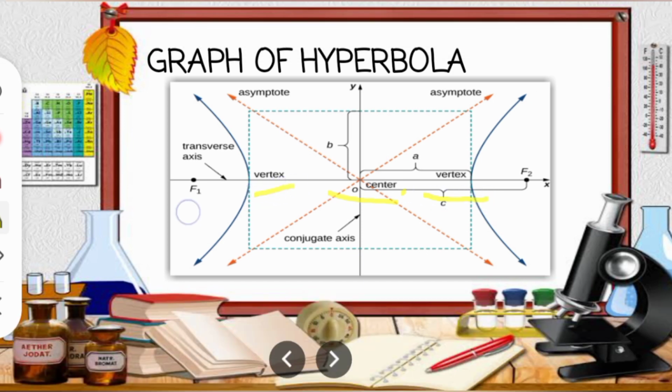We have our F sub 1 and our F sub 2. We have our conjugate axis here, and our transverse axis here. And this arrow is what we call our asymptote. And this blue curve here is what we call our hyperbola.